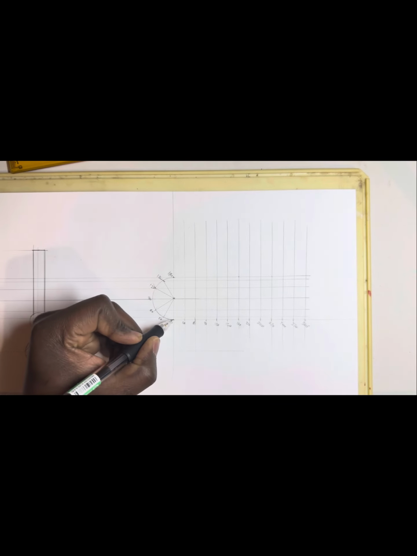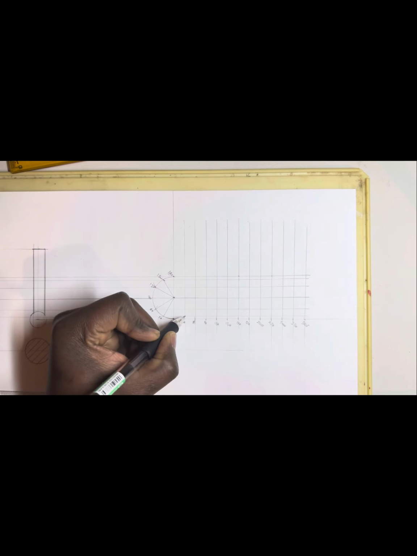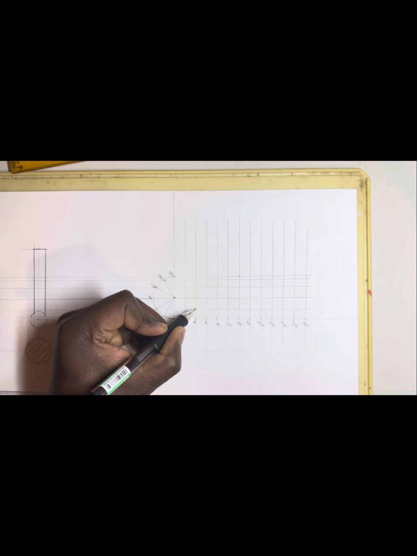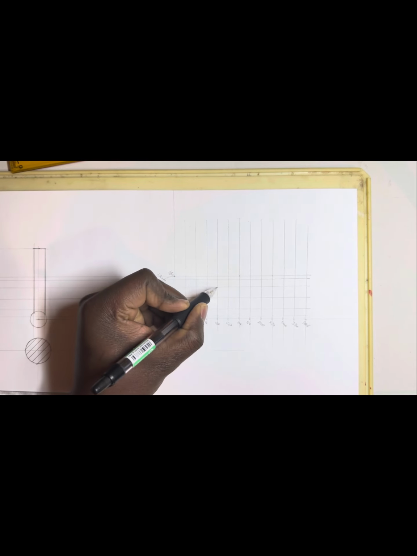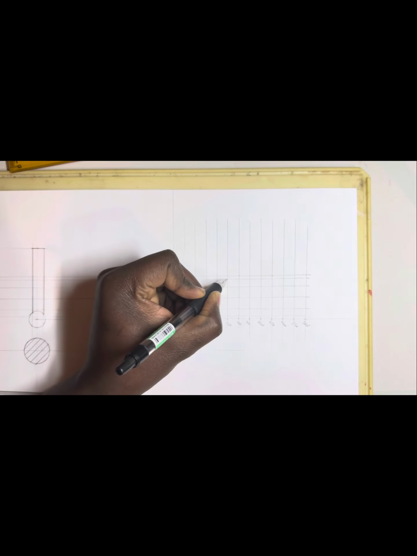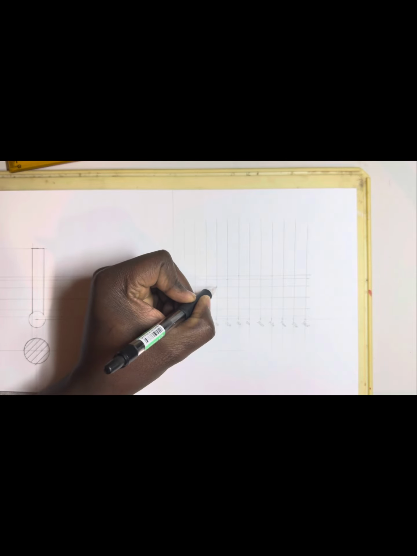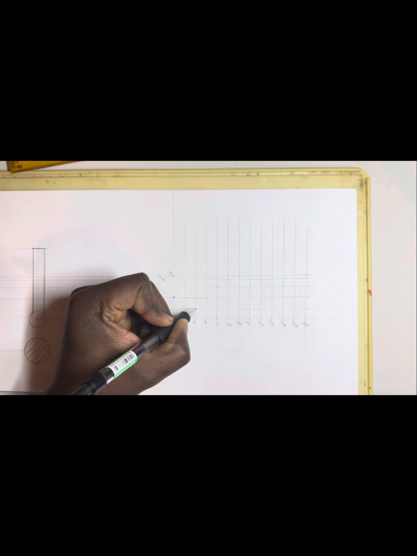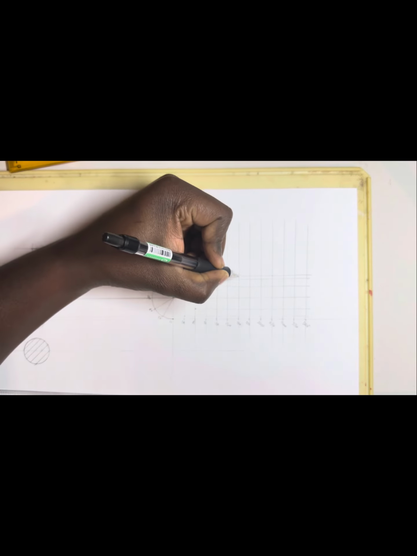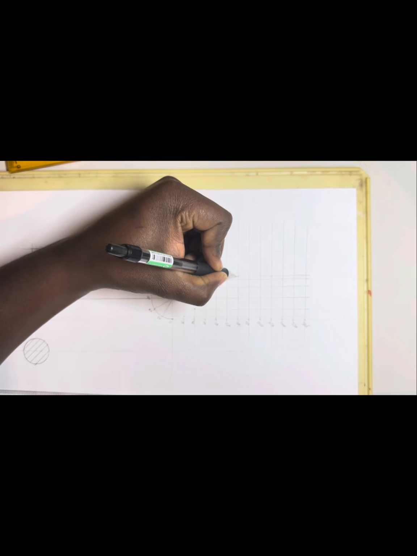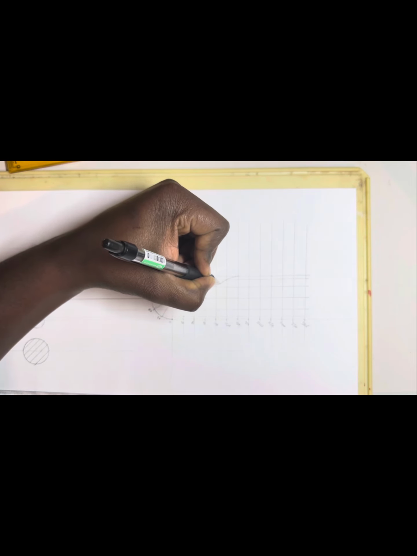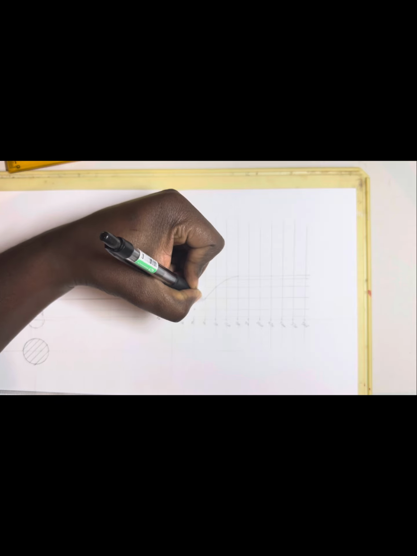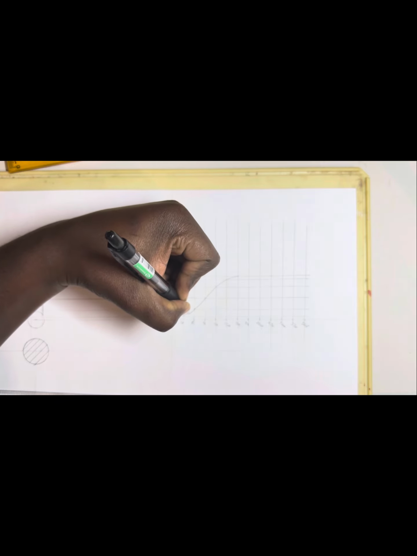So what you are going to do, you have the starting point here, and then follow the next point, just going up like this, like this, like this. So this one you join it by freehand. Must draw neat.